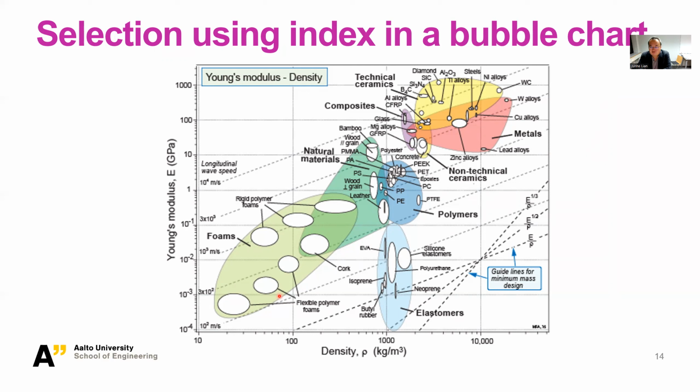If you have such a chart with you, for example, and you are once again asked to choose a light stiff beam, you use these different lines listed here to choose your materials. For example, this one is the modulus over density, and you can go up to a certain level.